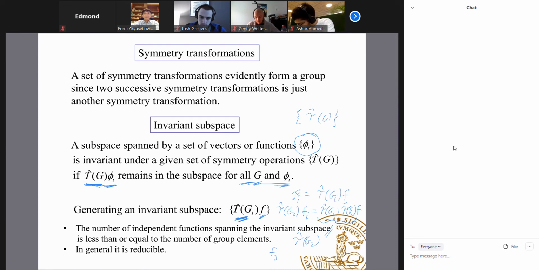When we form these functions by applying the symmetry operations on an arbitrary function, some of them can be the same, but some generally are different. So the number of independent functions is generally less than or equal to the number of group elements. And in general, it is reducible.